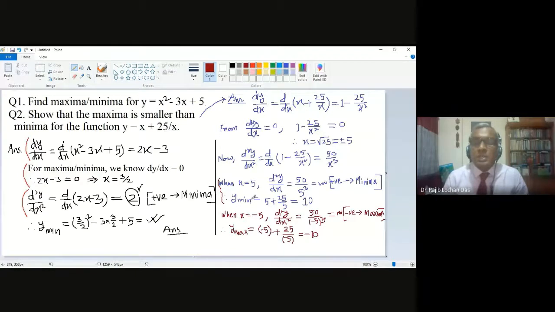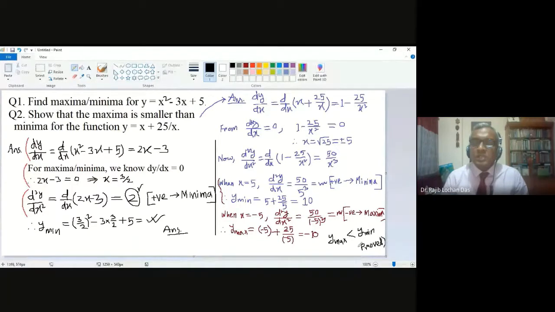So you can say, okay, in this question what we see is y max is actually less than y min. So this is the question. That was the thing you wanted to show. So you will write, okay, it is proved, or it is shown. So that is the question here.